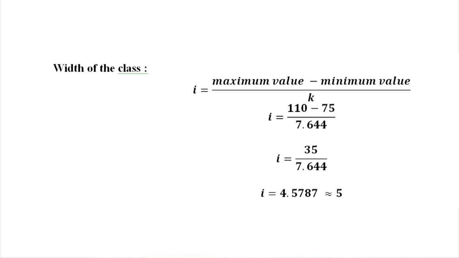Therefore, width I is equal to 110 minus 75 divided by 7.644, which is equal to 35 divided by 7.644, which is equal to 4.5787, which can be approximated to 5. Therefore, the width of each class is equal to 5.